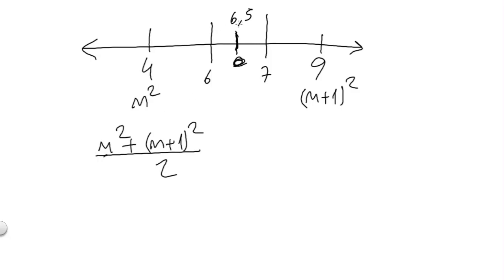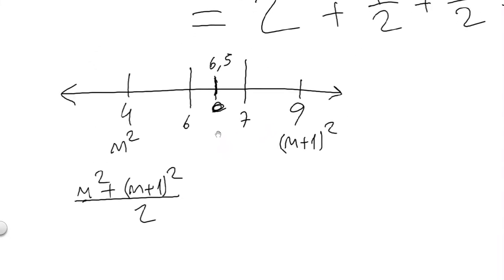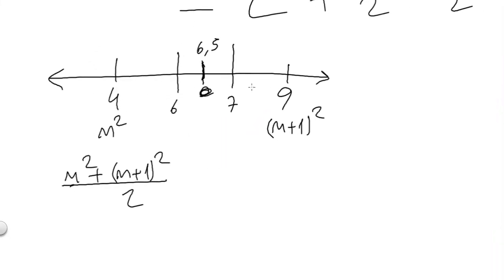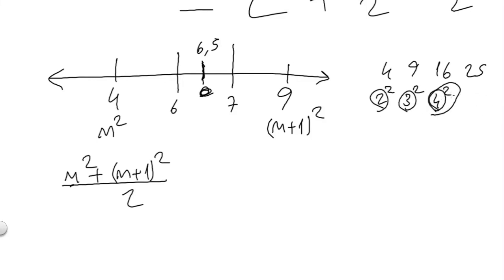Also, if I think about square numbers, it goes 4, 9, 16, 25. So it's 2 squared, then 3 squared, 4 squared. Since your number is just increasing by 1, it's even, odd. And the powers don't change it.